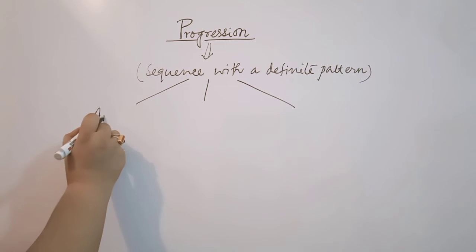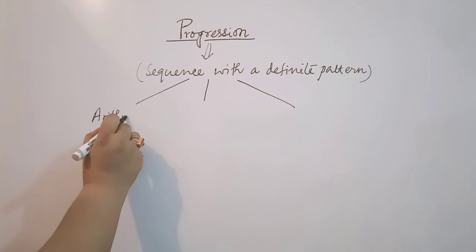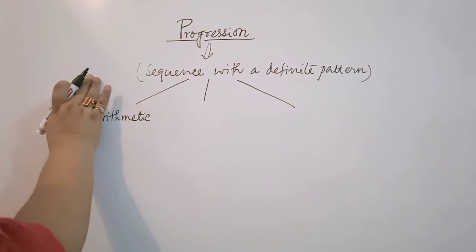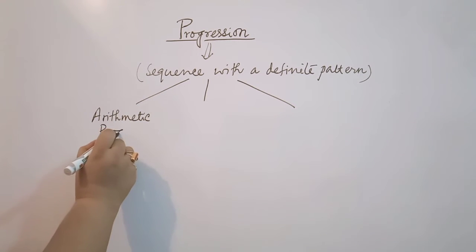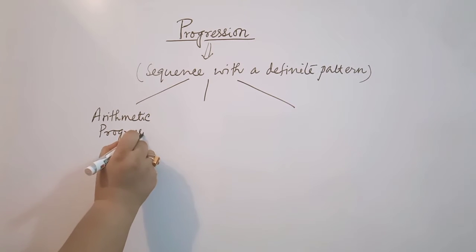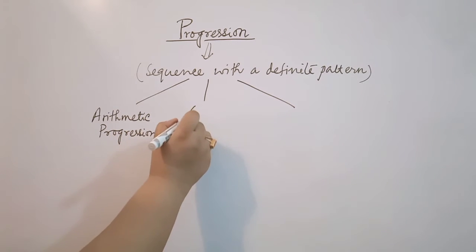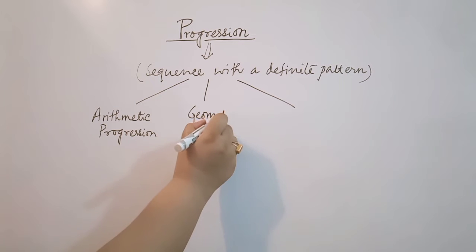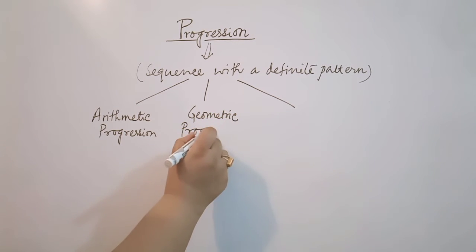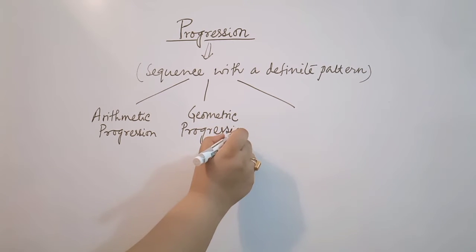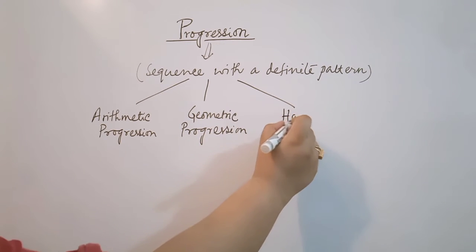One is arithmetic progression. Another one is geometric progression. And the third type is harmonic progression.